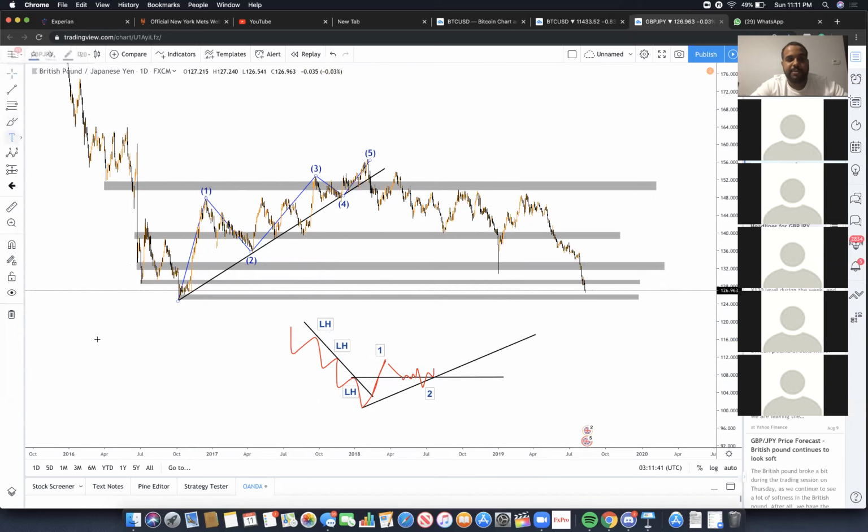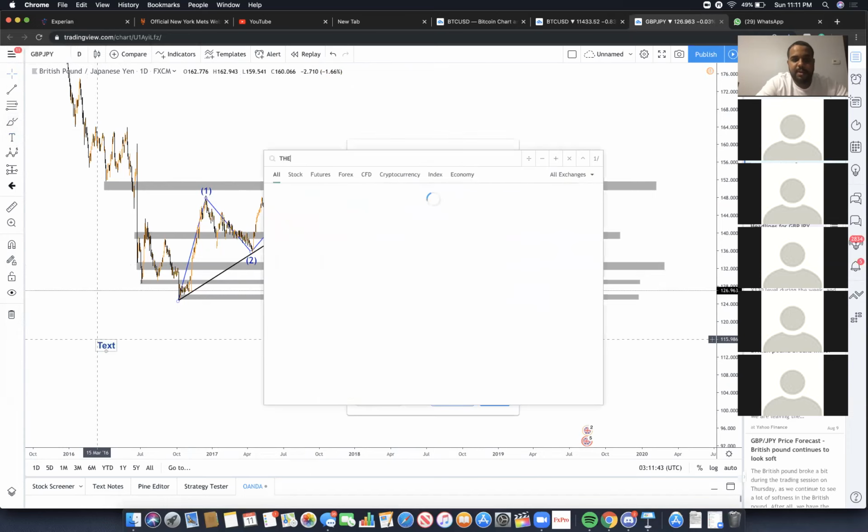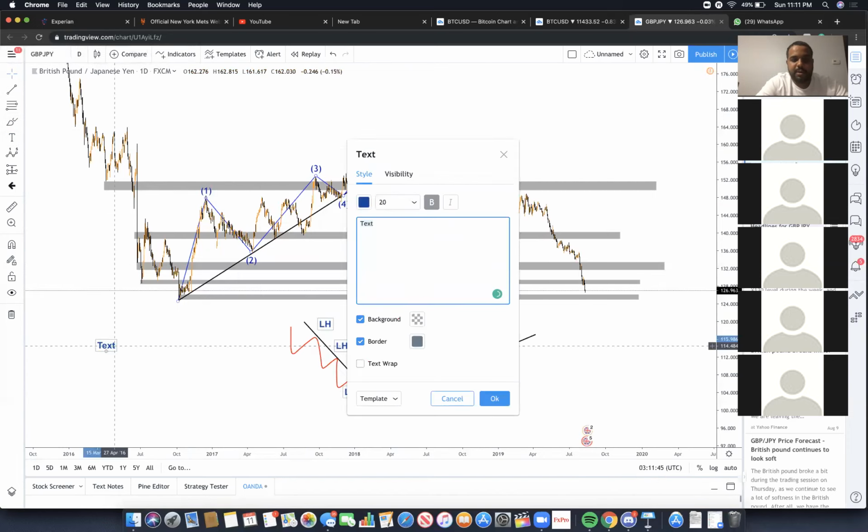I want you guys to always remember, the strongest push in a trend is always either the third or fifth wave.